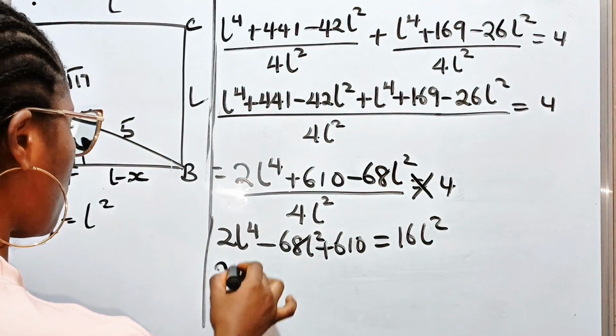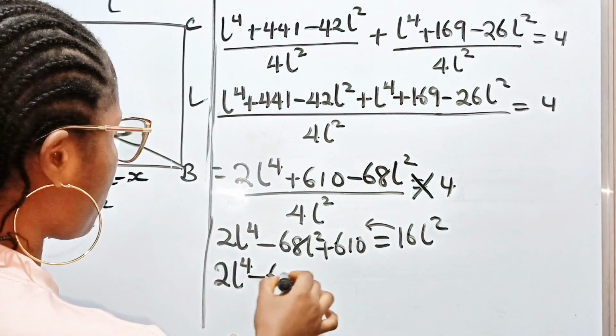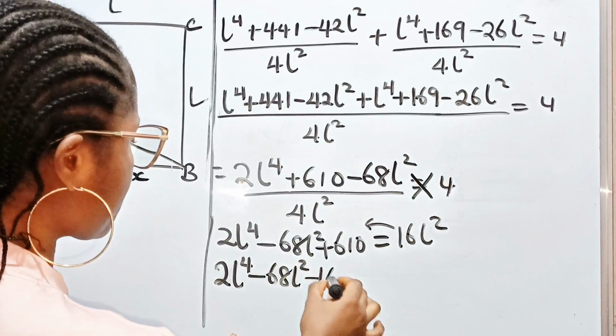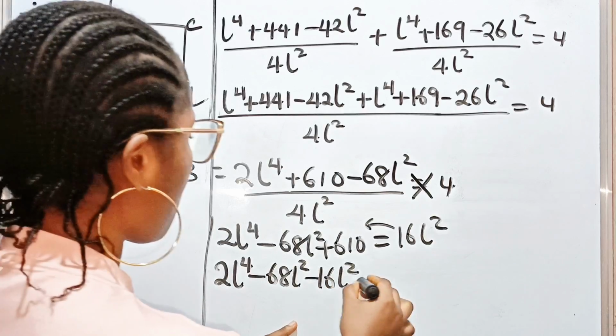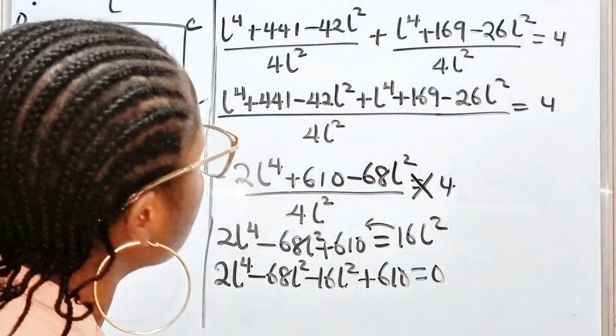So we have 2L to the power of 4. Let's bring this in. Minus 68L squared minus 16L squared plus 610 is equal to 0.